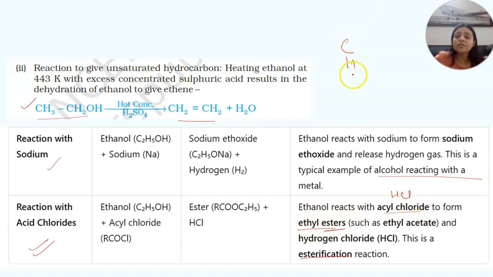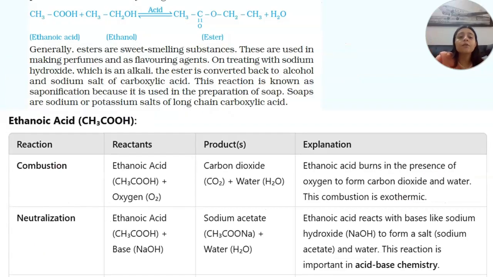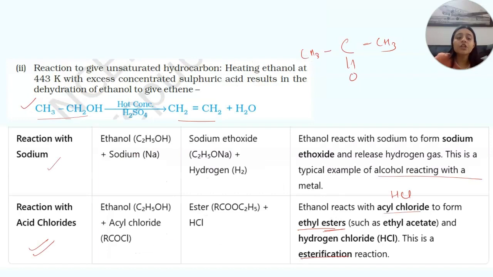You remember esters, the functional group we have learned? These esters are known for forming perfumes. They have a sweet smell and are used in perfumes. So that is known as esterification, which is a major reaction involving alcohols or ethanol.